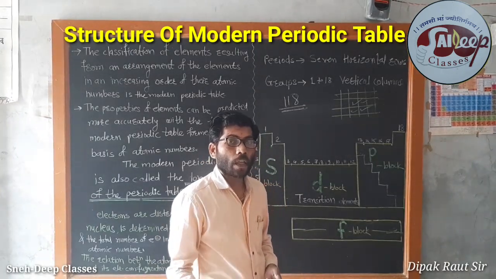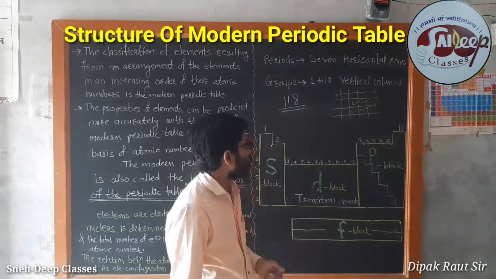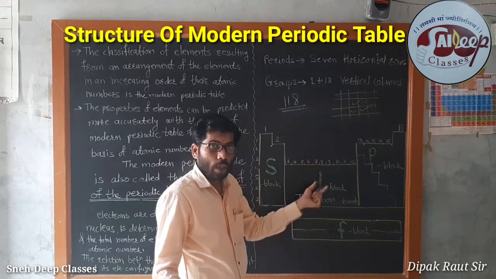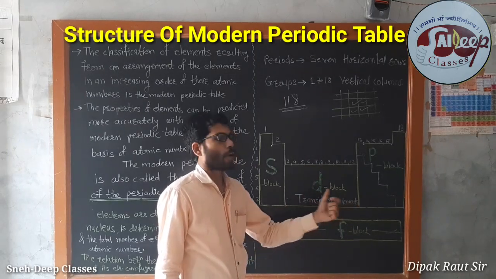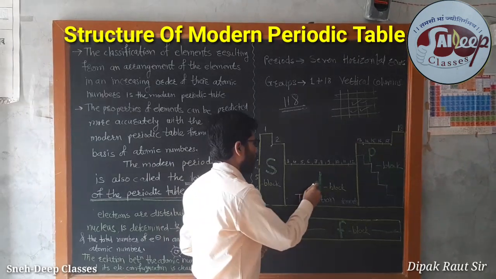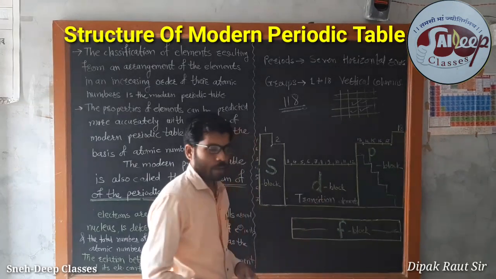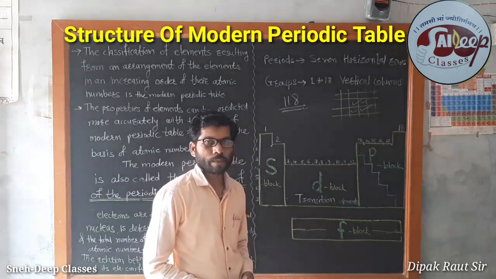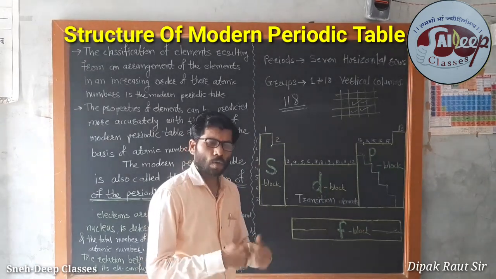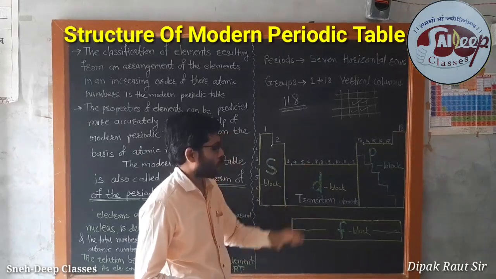Recently all the elements have become known. That means all 118 elements are now known and placed in the modern periodic table.